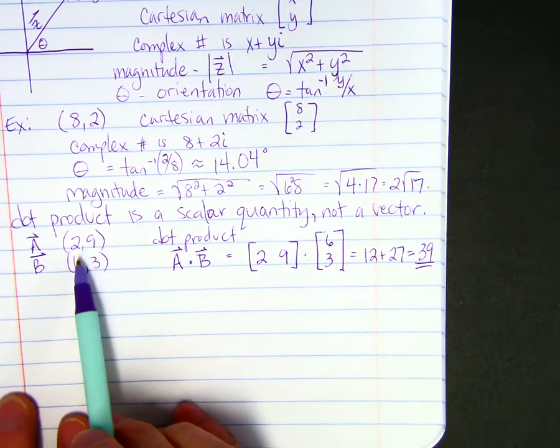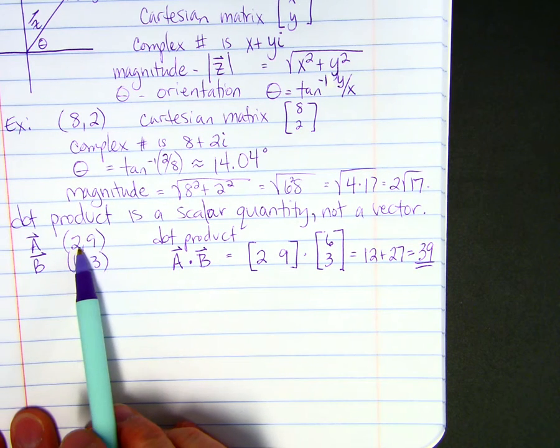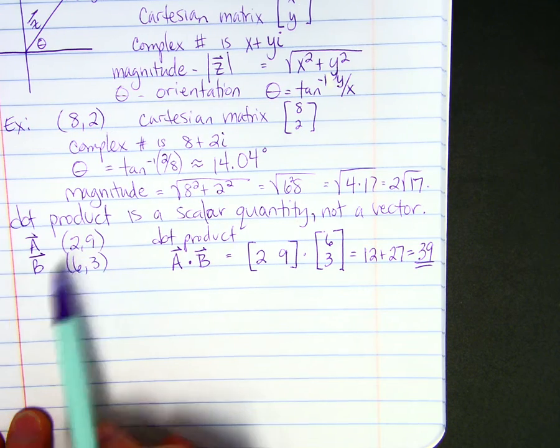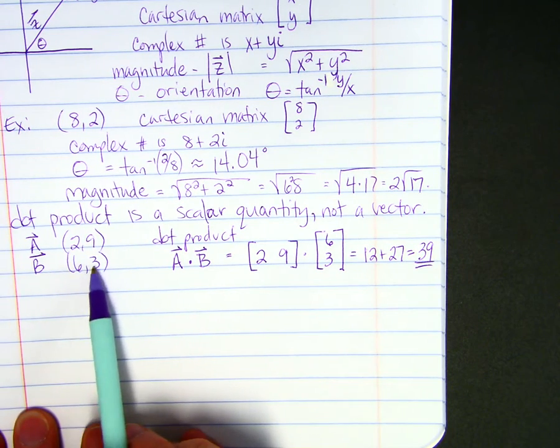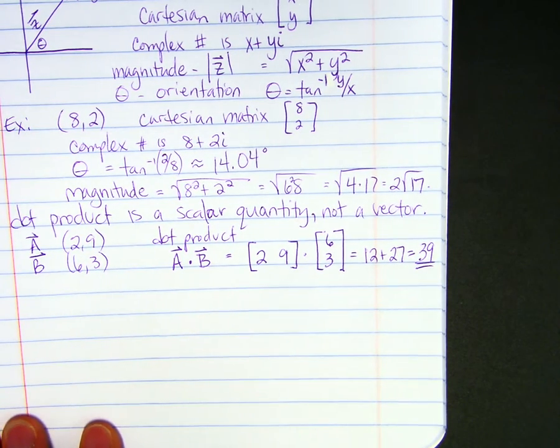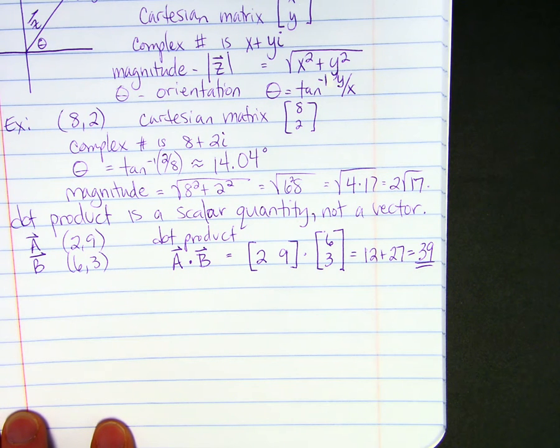If I call this x sub 1, y sub 1, and this x sub 2, y sub 2, there's an equation we can use. It can be found by using the magnitudes and the angle between the vectors.